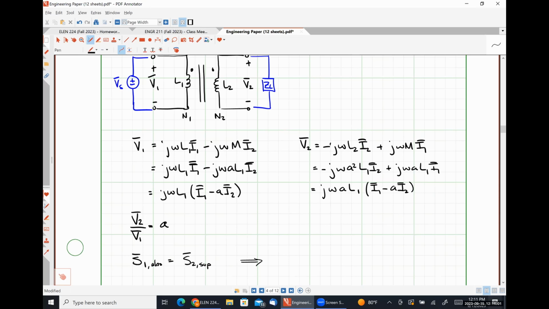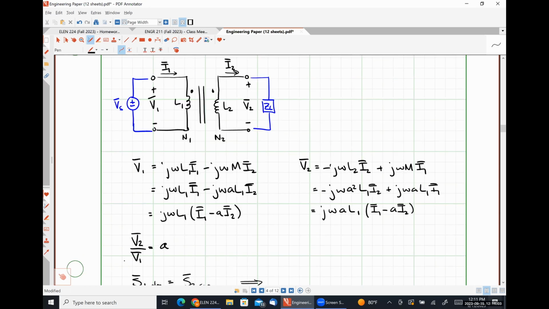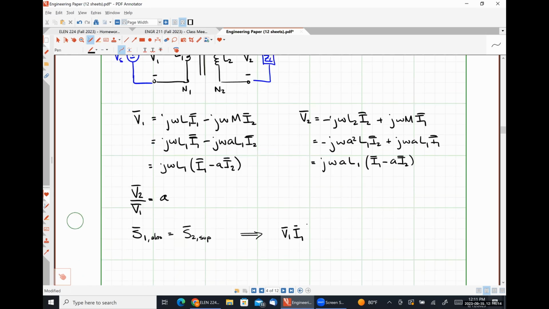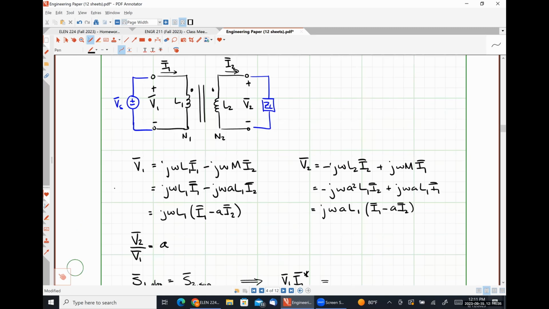Well, V1 times I1 conjugate. And the amount of power supplied by our secondary side, into the negative polarity terminal of the coil. So we should just have V2 times I2 conjugate.